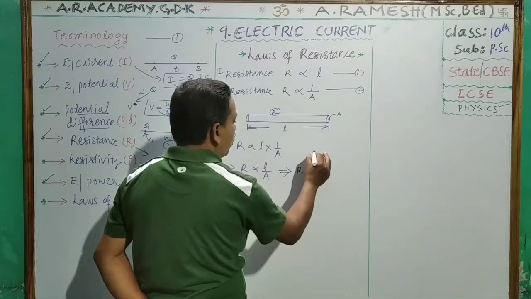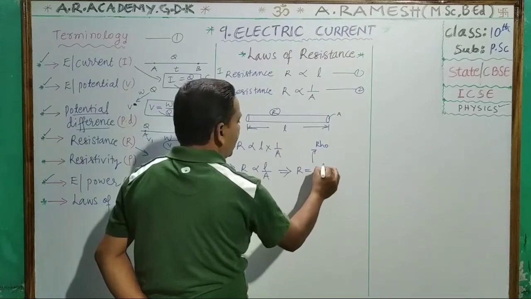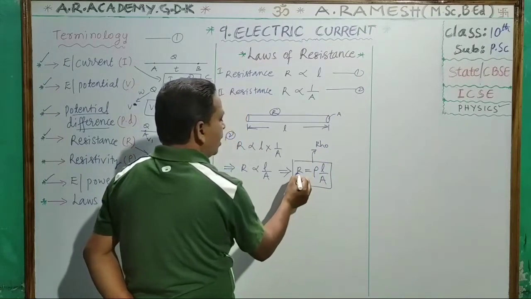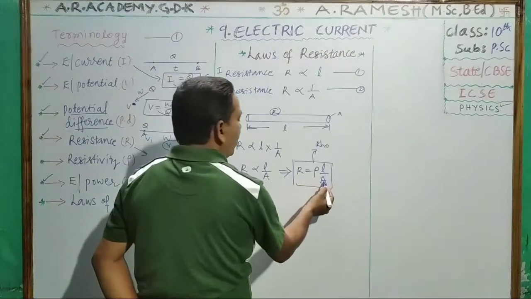Remember, children, this is rho. R equals rho into L by A. This is the resistance formula.